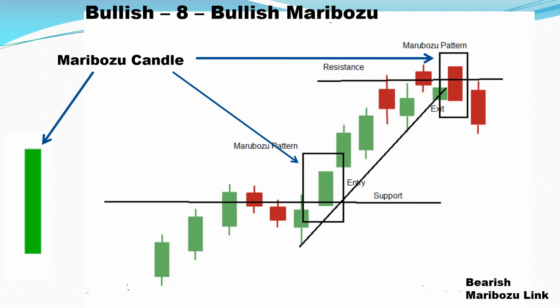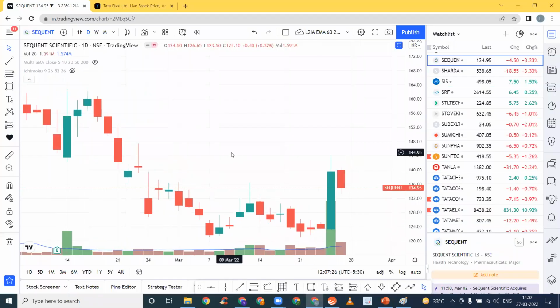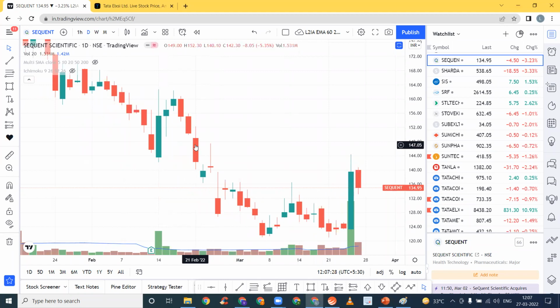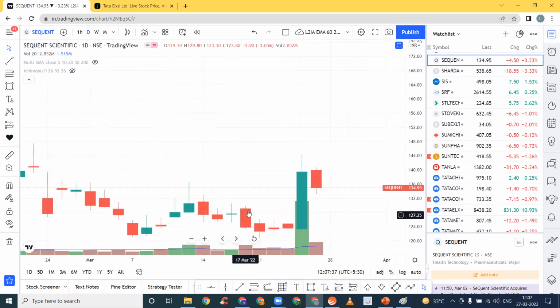Let us see some on the charts. See here, a big red candle, then a small candle, then a doji candle, then once again a red candle. A red candle, then 3 small basing candles, and then a green candle.